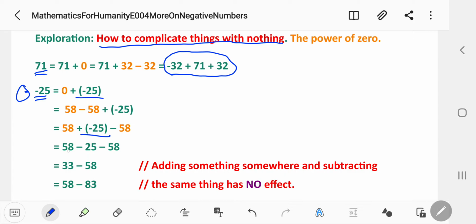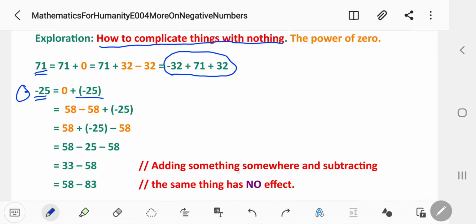Then you can combine this. 58 minus 25 is 33 minus 58. And then you can also do this, combining these two here, which is negative 83, and retaining the 58 here. So they're all the same.